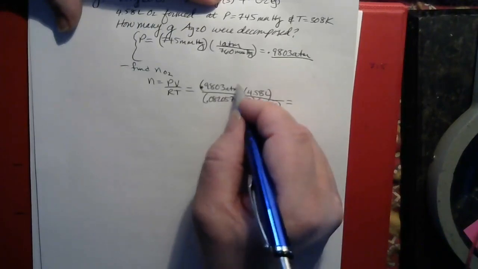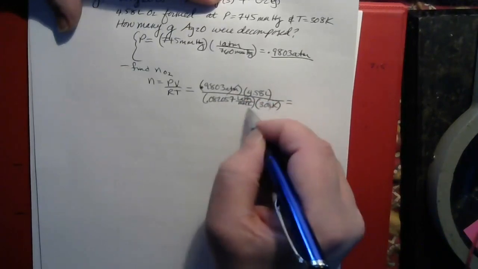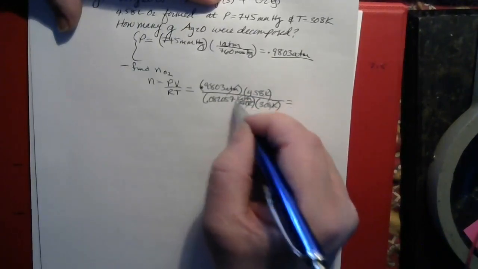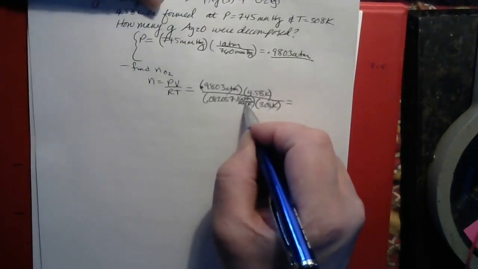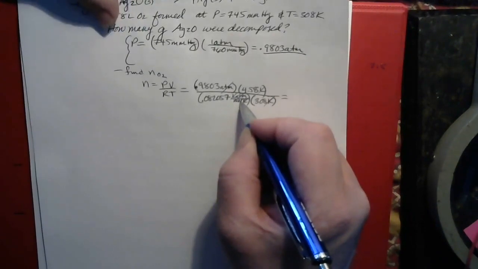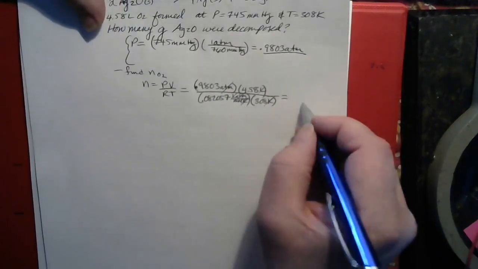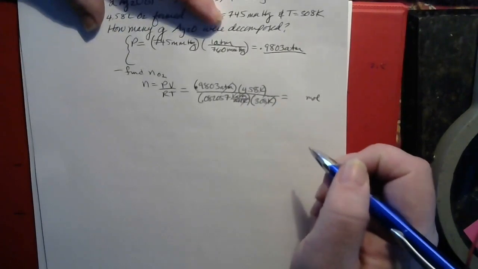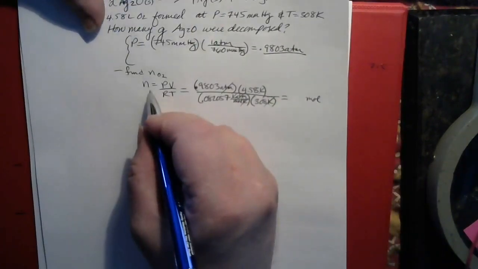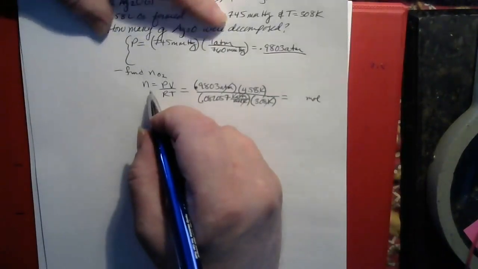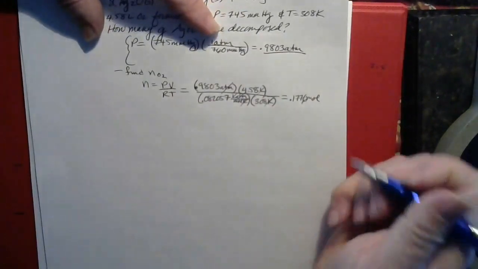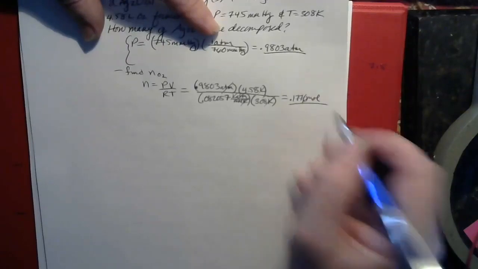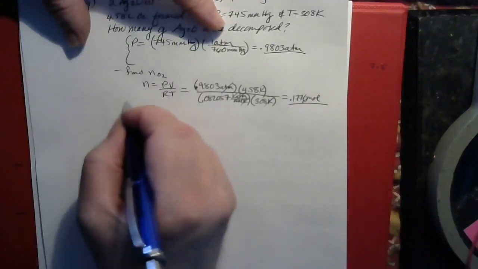Atmospheres cancel with atmospheres, kelvins cancel with kelvins, liters cancel with liters. We end up with moles on the bottom of the fraction, which is mathematically the same as being on top. So we end up with moles, and that's good because that's what we wanted. That's what n means. And the number is 0.1776 moles of oxygen.